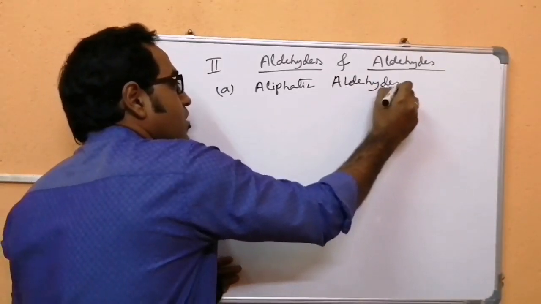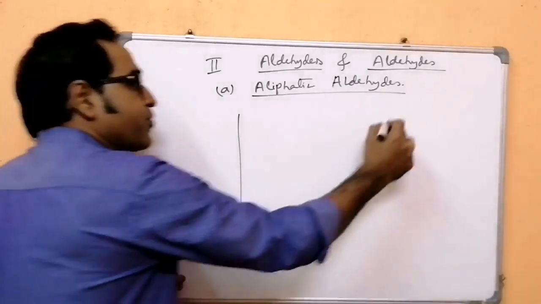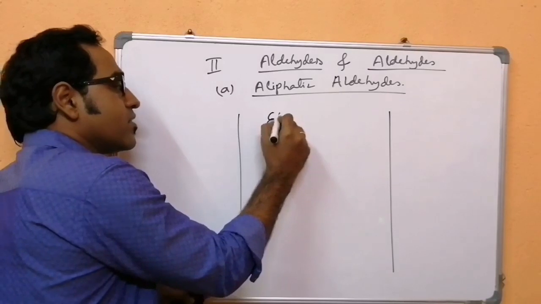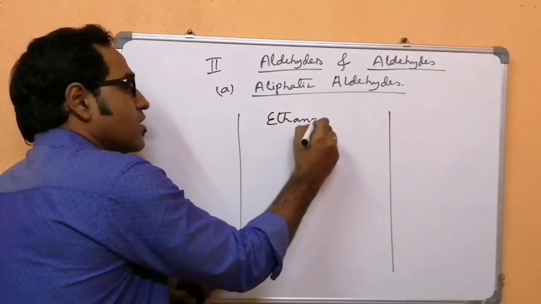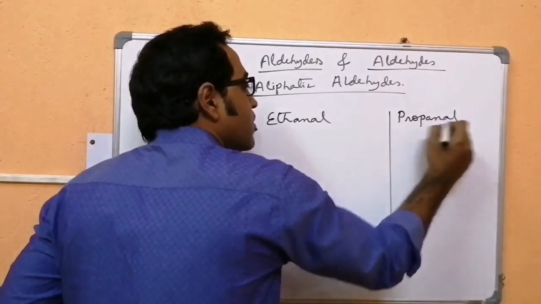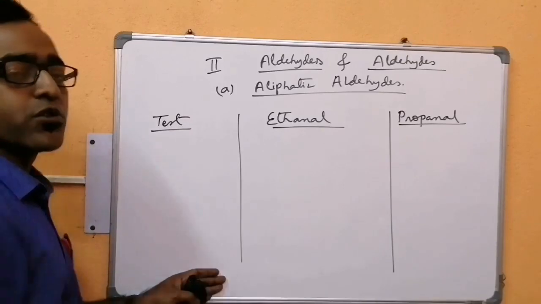For example, if you have to distinguish between ethanal and propanal, then how are you going to distinguish?